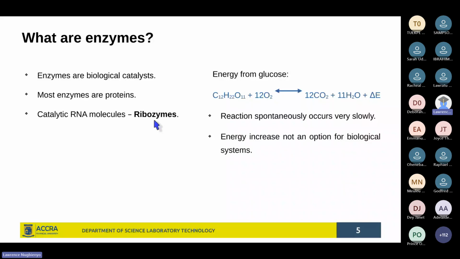You have ribozymes that cut off some mistakes in the sequence of nucleotides in these nucleic acids in order for them to join back and have the nucleic acids with the right sequence of nucleotides that will make them functional. So apart from most enzymes being proteins, we now know that some enzymes are also RNAs.